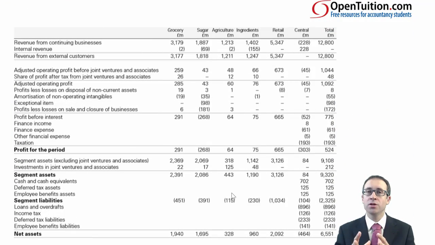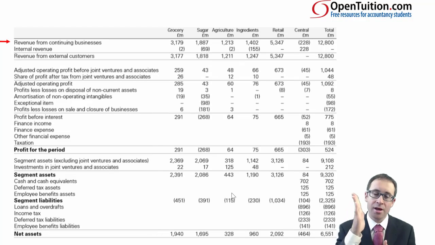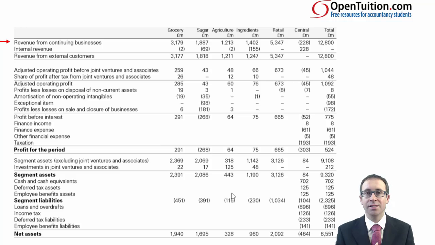So if we go into the actual disclosure notes in more detail, you can see there across the top, on that far right hand side, you have 12,800, don't we? As the revenue from your continuing business, and you can see that is separated out into the separate operating segments.